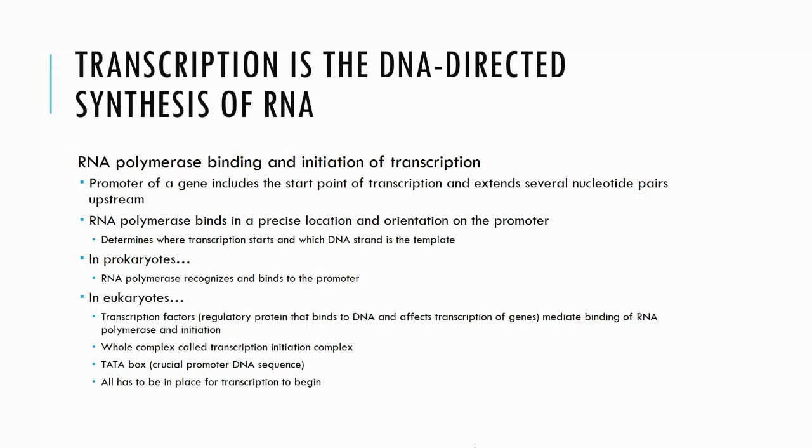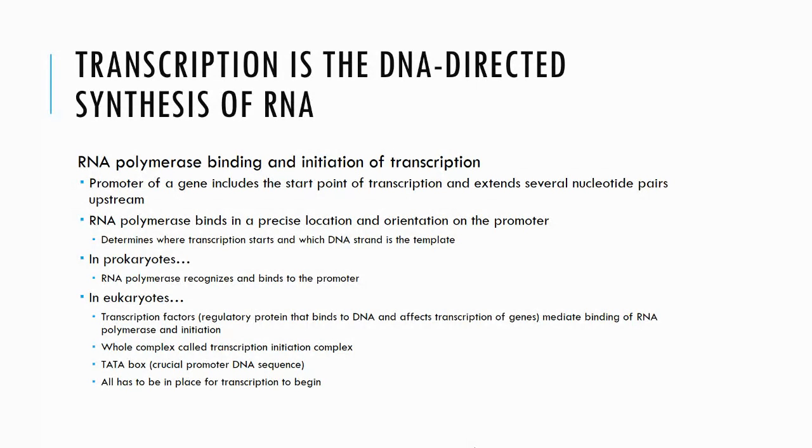Starting with initiation. The promoter region of a gene includes the start point of transcription and extends several nucleotide pairs upstream. RNA polymerase binds in a precise location and orientation on the promoter, and that's going to determine where transcription starts and which strand is the template.